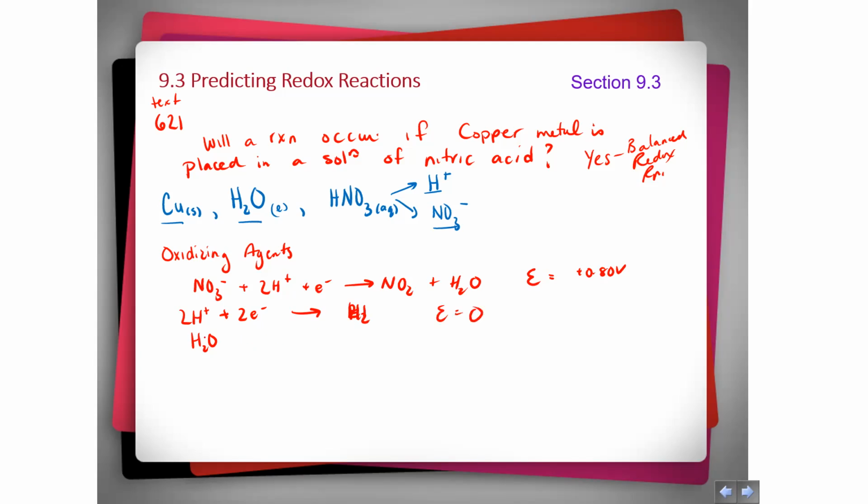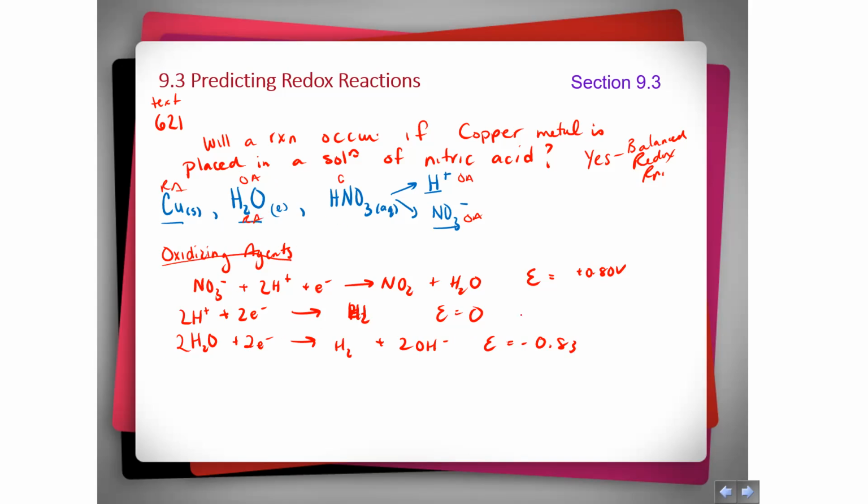And then water, 2 waters gaining 2 electrons, producing hydrogen gas and 2 hydroxide ions. And this one was negative 0.83. So of our oxidizing agents, this is an oxidizing agent, this is an oxidizing agent, this is an oxidizing agent, this is a reducing agent, and this is also a reducing agent.